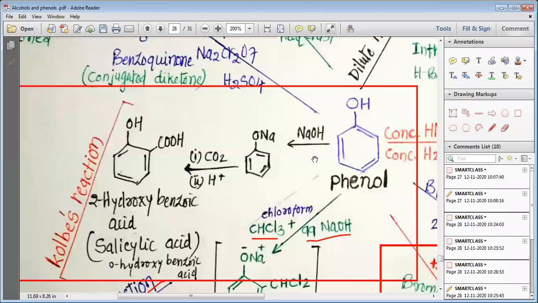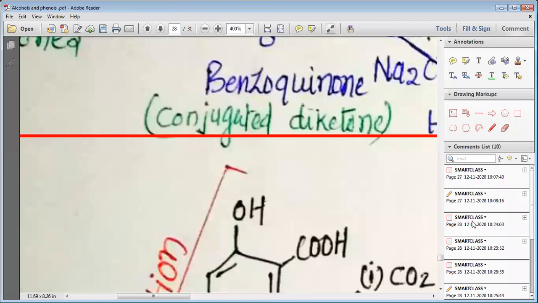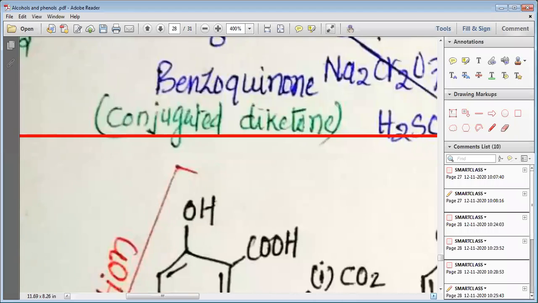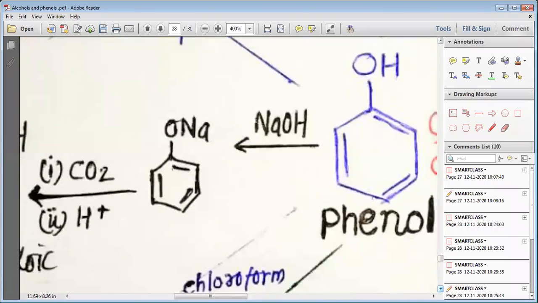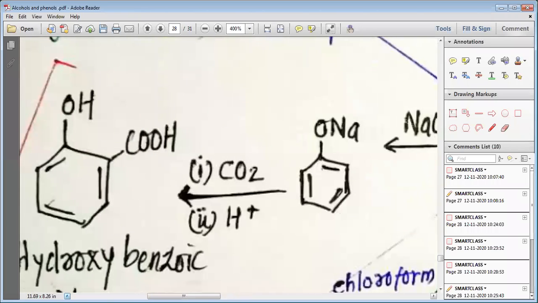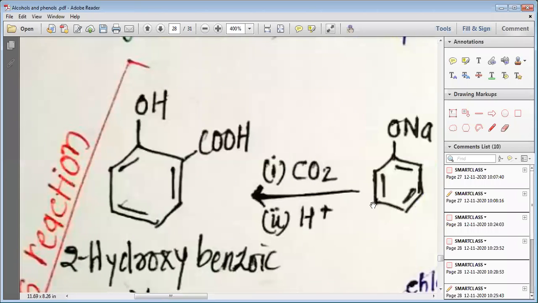Once again, my dear students, in this Kolbe reaction, phenol is first treated with sodium hydroxide. So we get sodium phenoxide. Sodium phenoxide, when treated with carbon dioxide and acid, gives us 2-hydroxybenzoic acid.